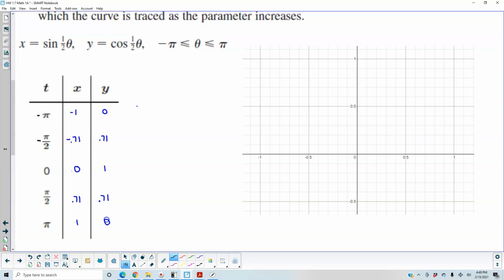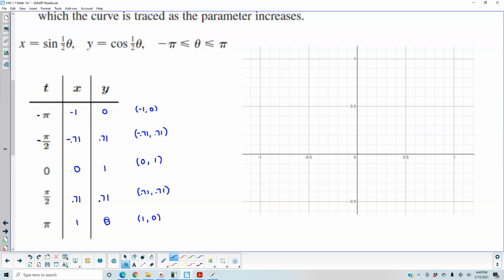So now we know our ordered pairs. We have negative 1, 0, negative 0.71, 0.71. We have 0, 1, 0.71, 0.71, and then 1, 0.